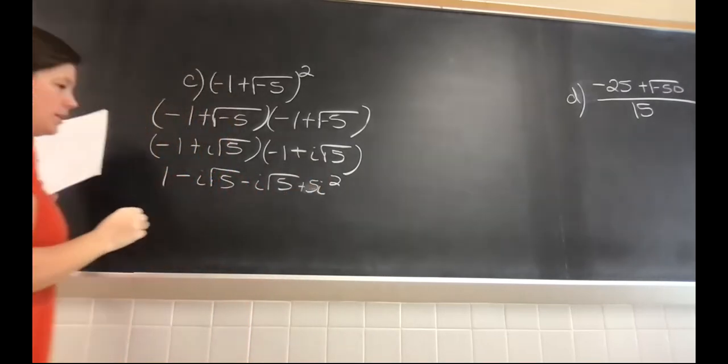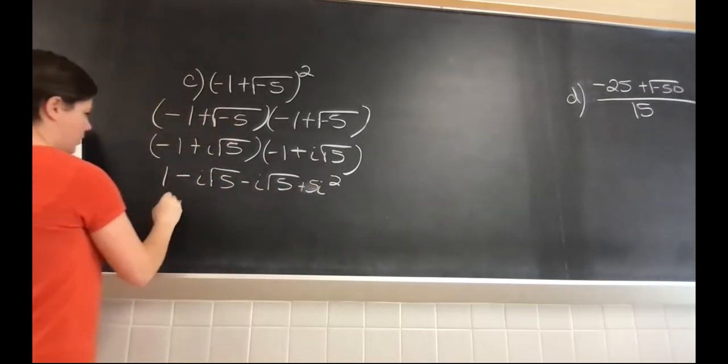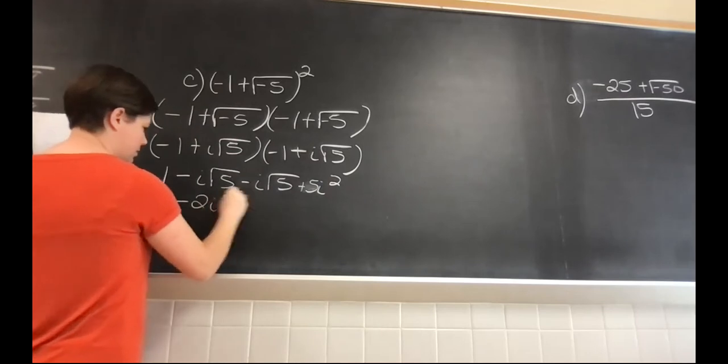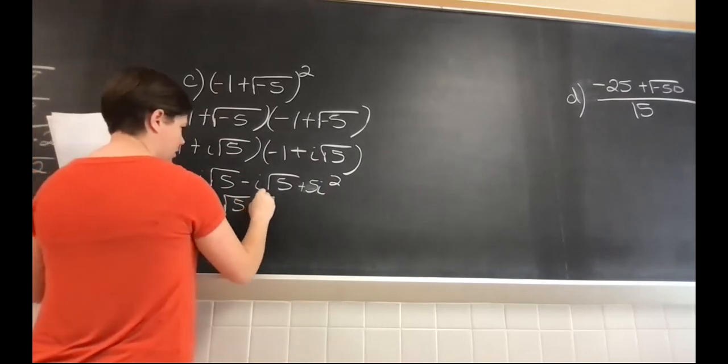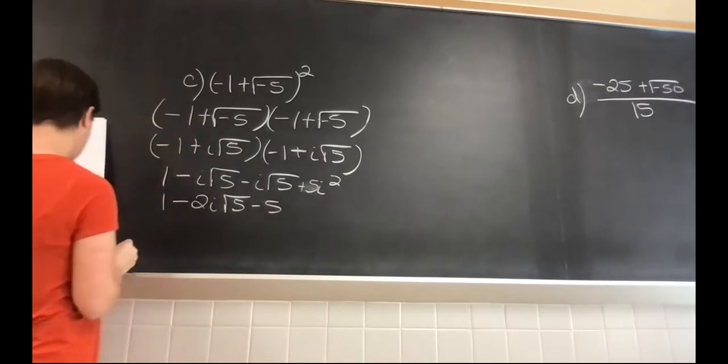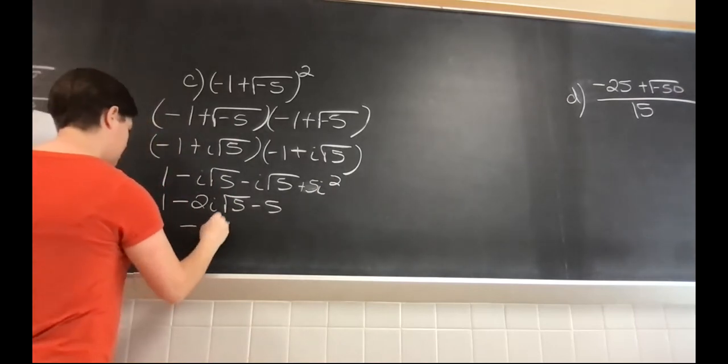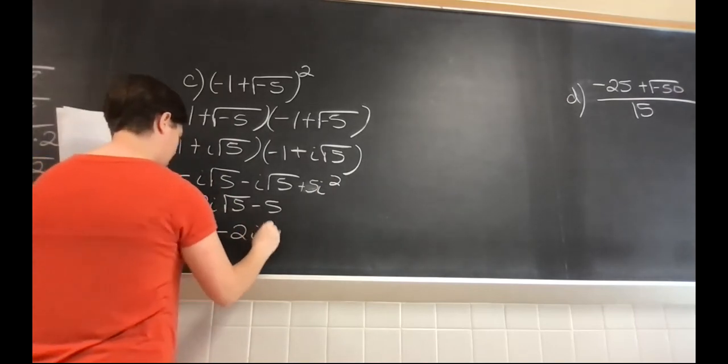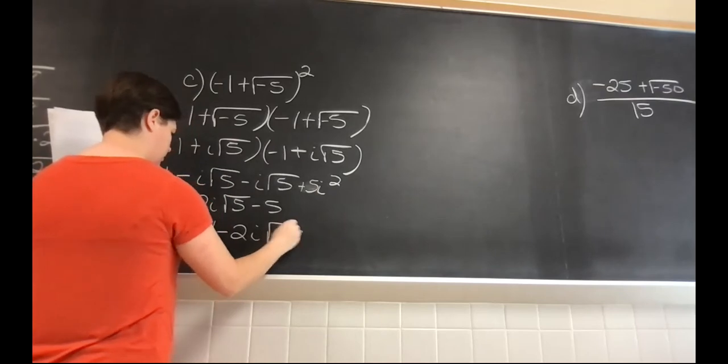I'm going to write that before the i squared. 1 minus 2i square root of 5. And then that's a -1, so that's a -5 minus 5. So we get -4 minus 2i square root of 5.